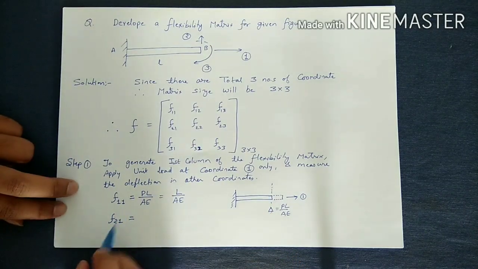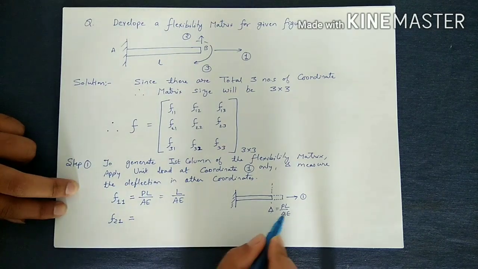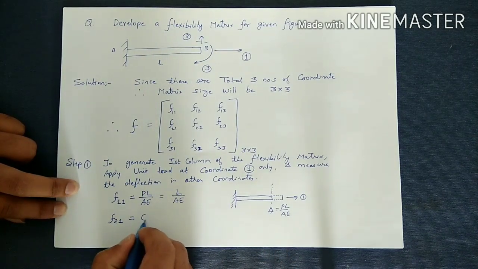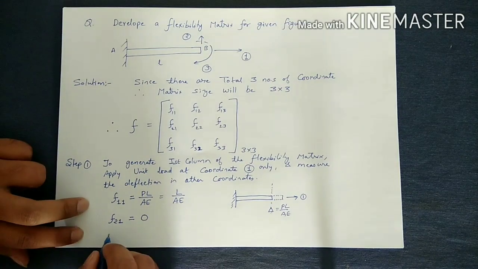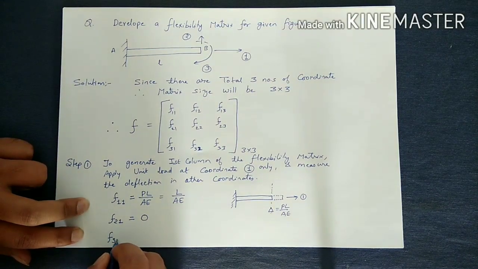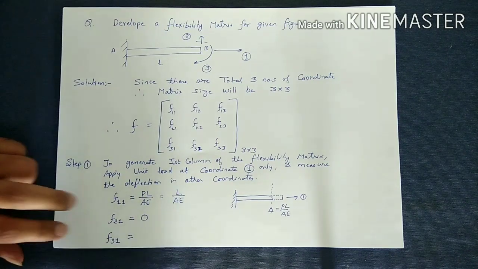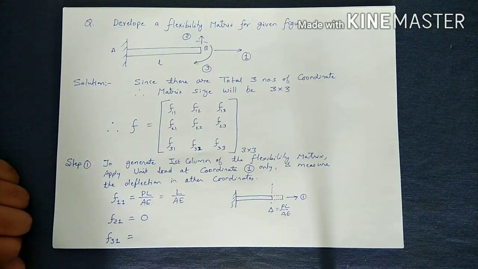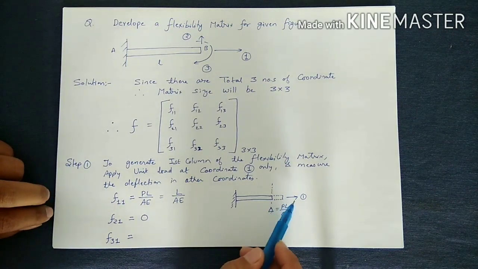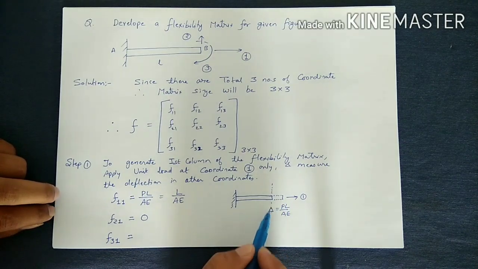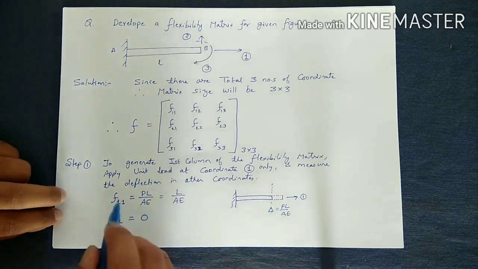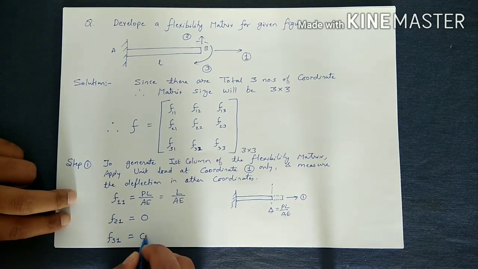Therefore, flexibility at 2 when unit load is applied at 1 will be equal to 0. Now flexibility at 3 due to 1. In this case also, this horizontal unit load will not promote any deformation in the vertical direction. Therefore, it will be equal to 0.